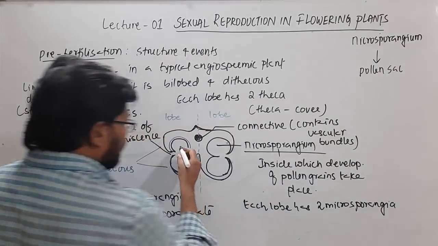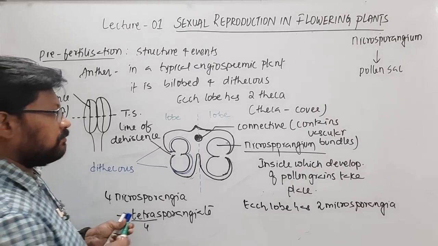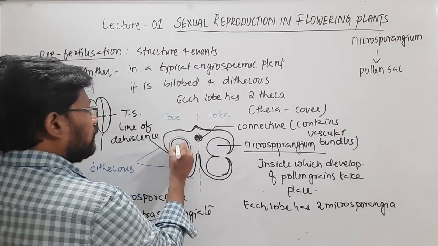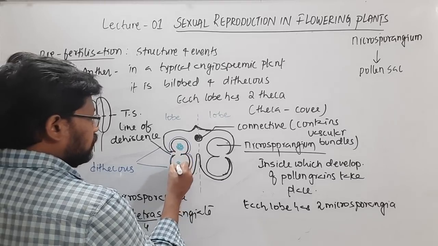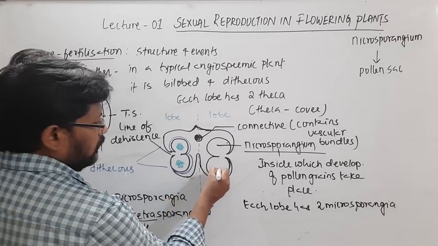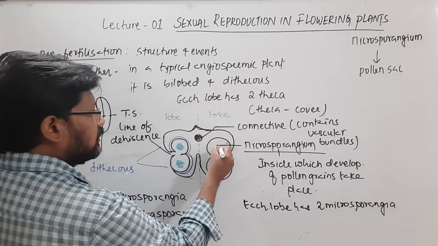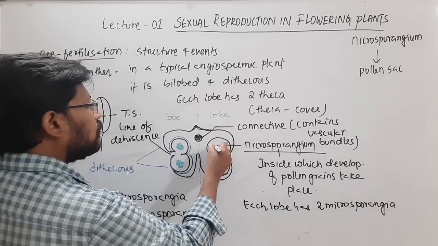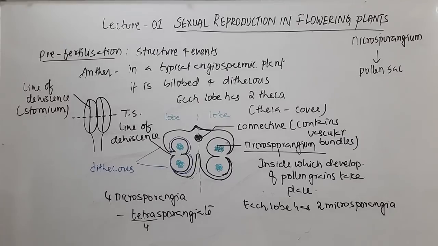Of course, here at the center of each microsporangium, we find sporogenous tissue. This is the tissue which will undergo meiosis and later develop into the pollen grain.